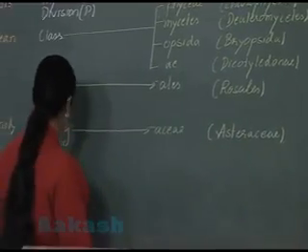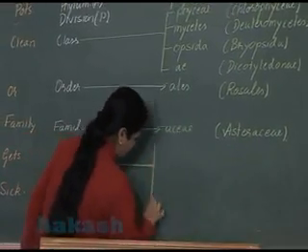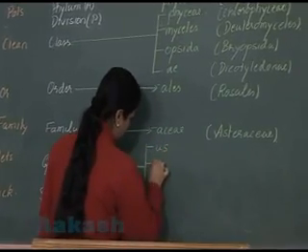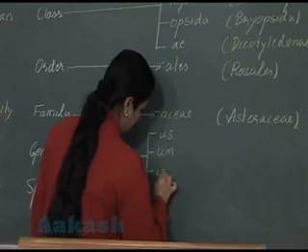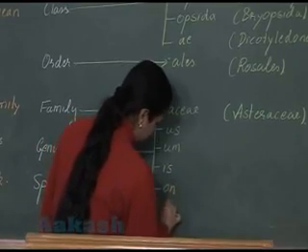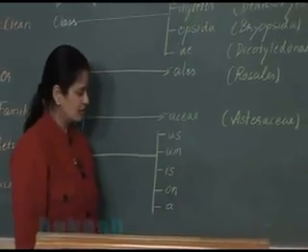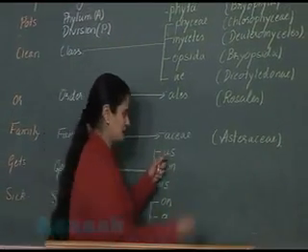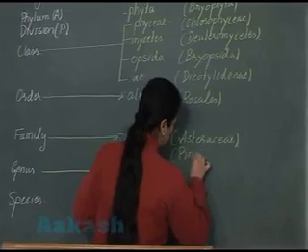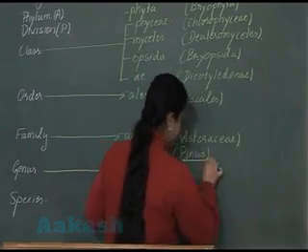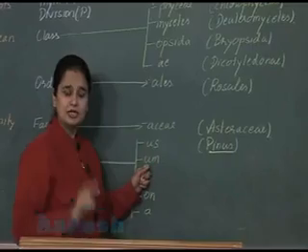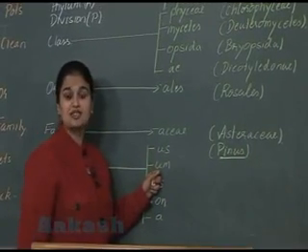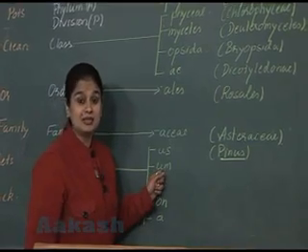Now coming to genus. Several suffixes can be utilized here, like us, is, on, a. So we are going to write the corresponding examples here. For us, I will write the example Pinus. Do you know the Mendel plant? Mendel selected which plant for his genetics experiment? Yes, that is Pisum.